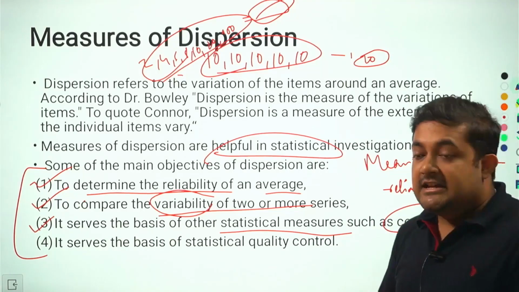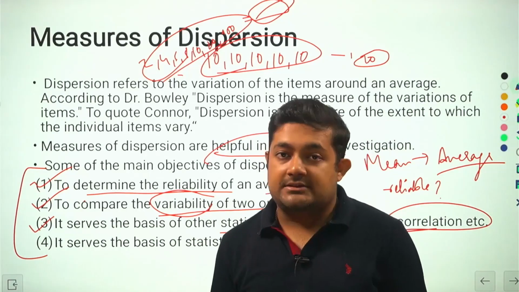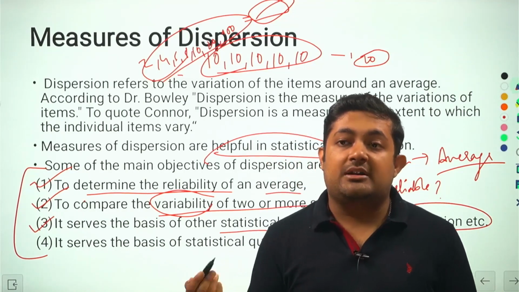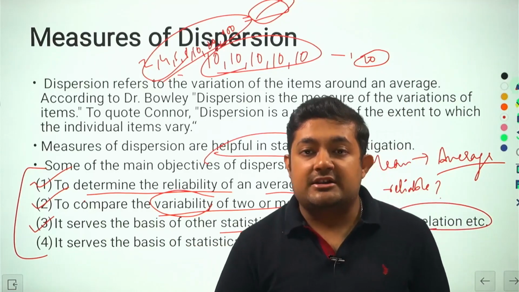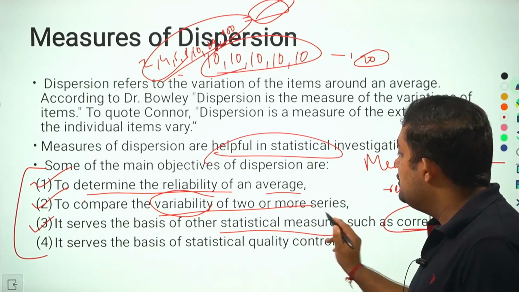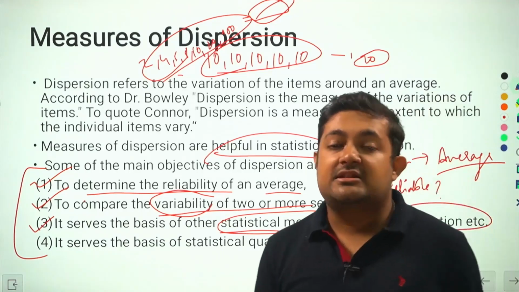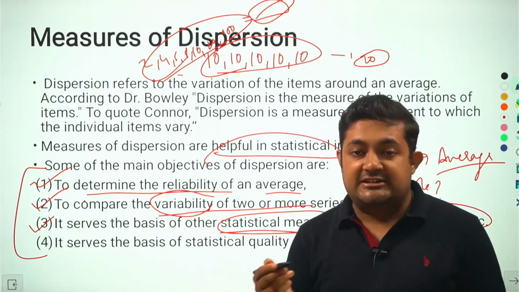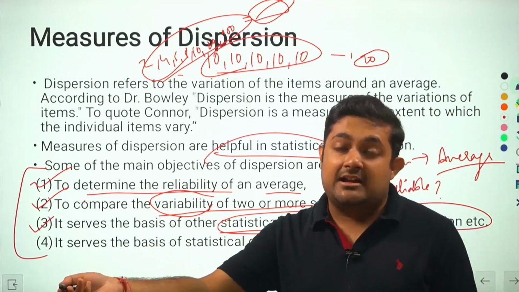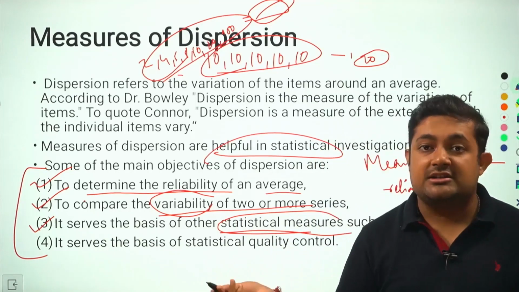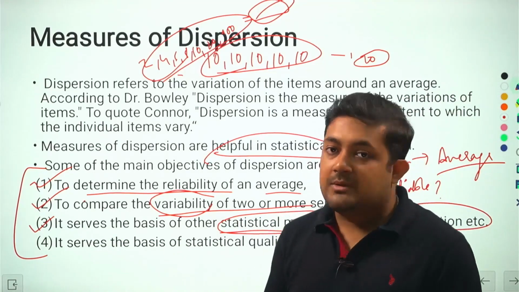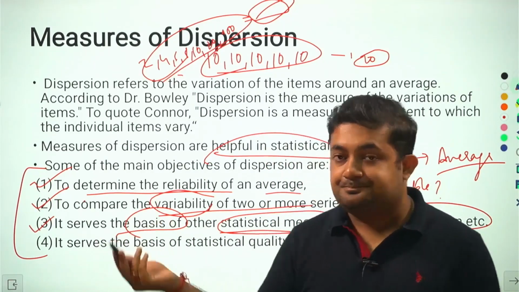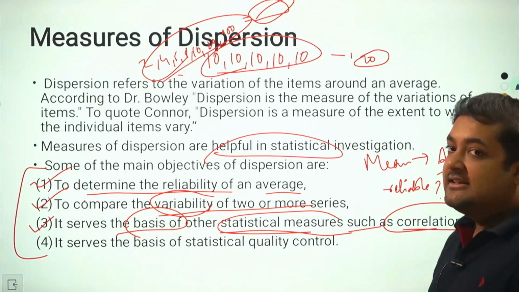When you study advanced statistics, in the next chapter we have correlation, and then regression. Measures of dispersion are very important because we get standard deviation and variance, and on that basis we can do correlation analysis or regression analysis. So it serves as a basis of other advanced statistical measures.